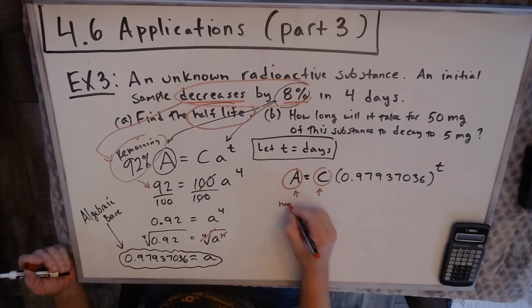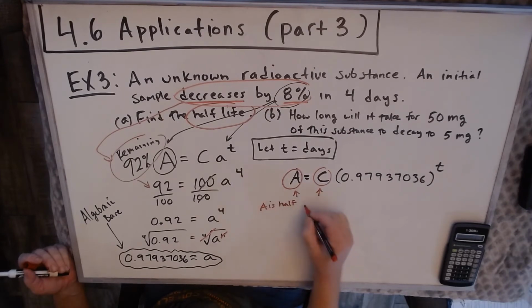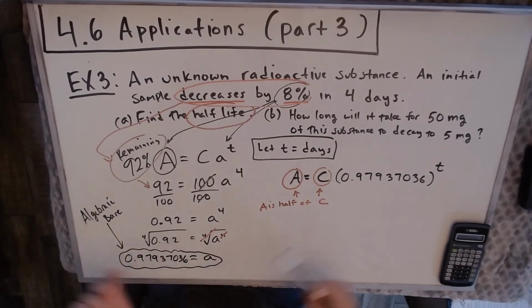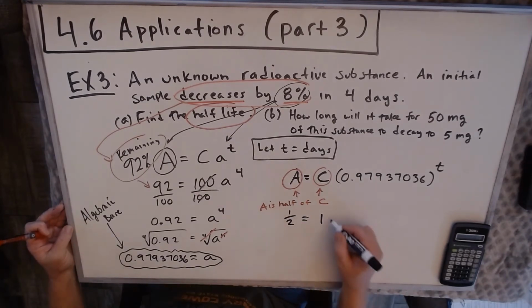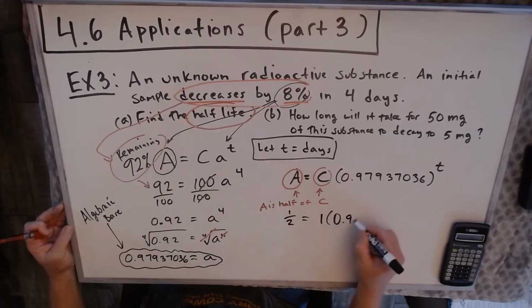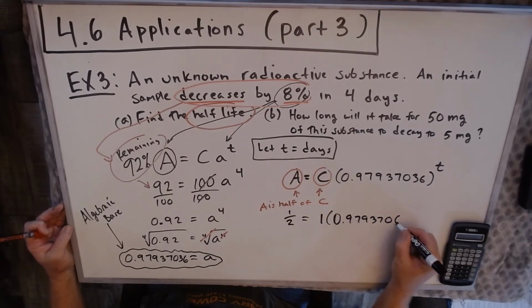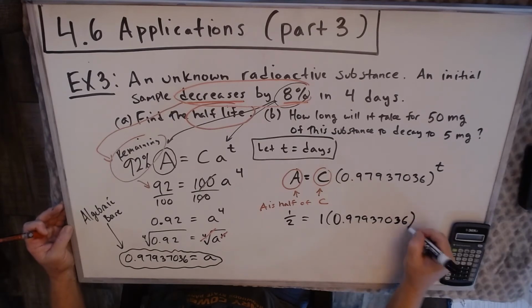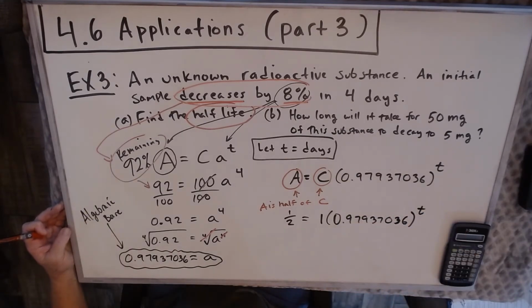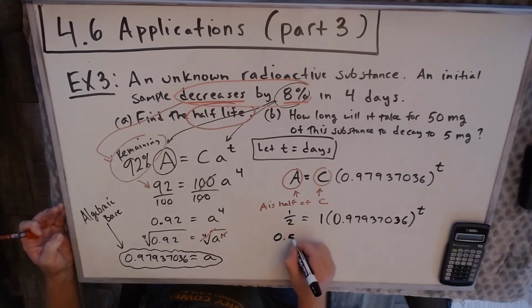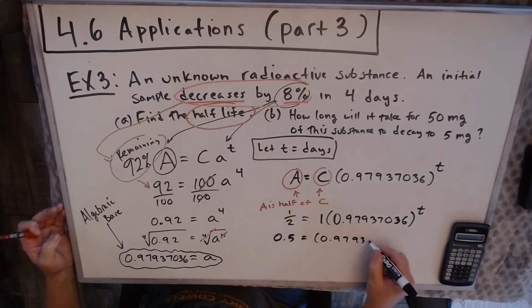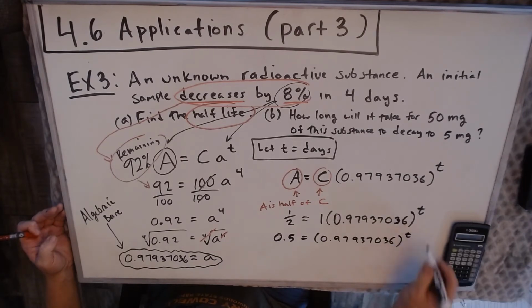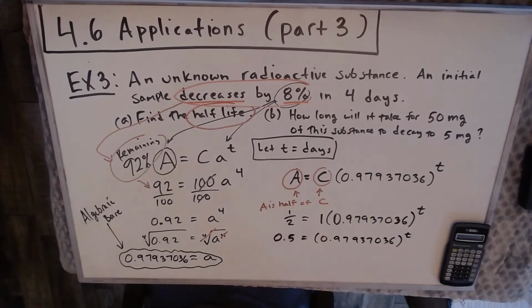A should be half of C. So whatever C is, let's just say C is 1, then A would be 1/2, or you could say 0.5. So this is one method for solving for half-life.